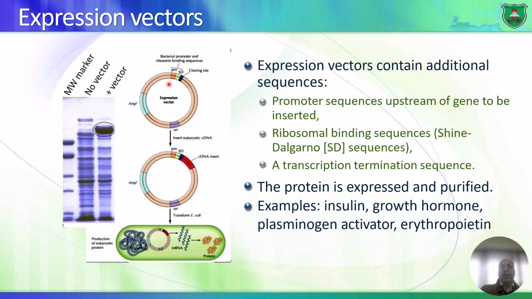So basically, to express a human gene inside bacteria, we use an expression vector. The vectors that we used before for cloning genes or for cloning DNA are called cloning vectors. The whole purpose of cloning vectors is just to amplify DNA or to have copies of DNA amplified inside bacterial cells.